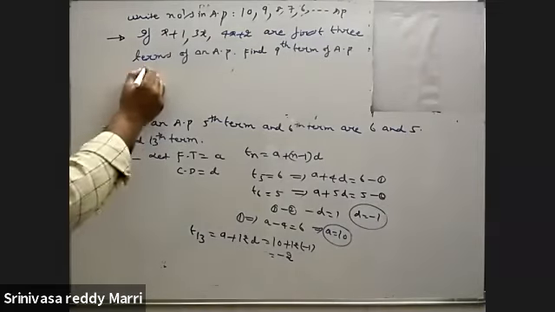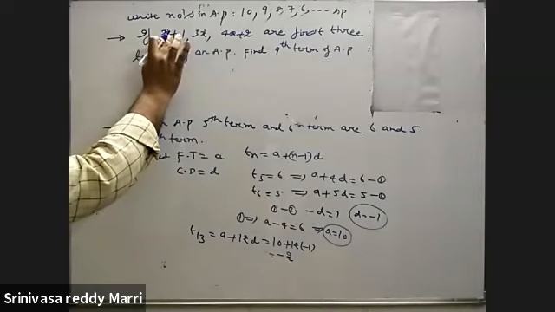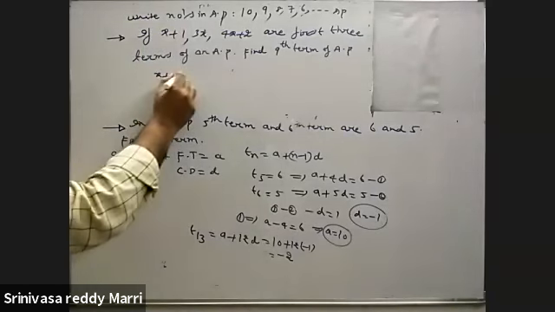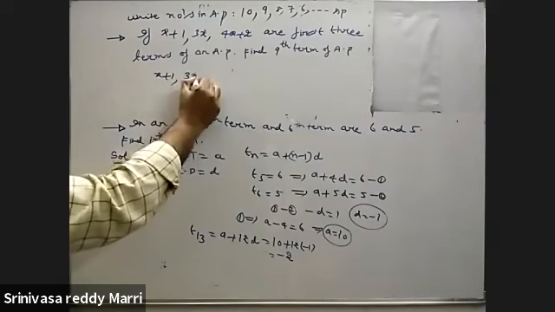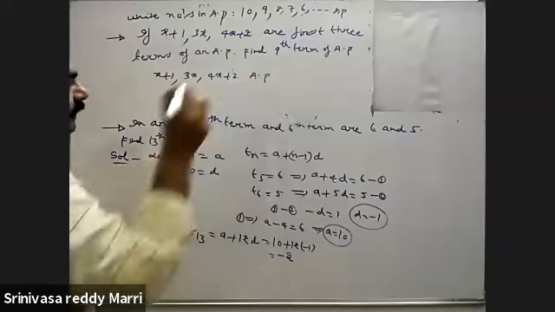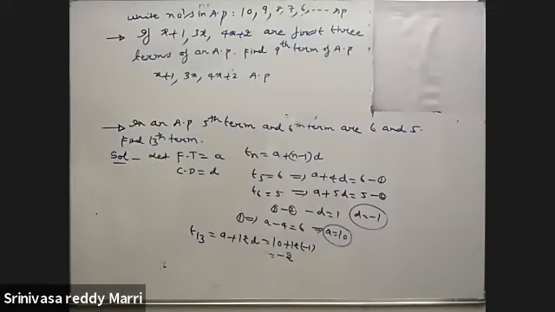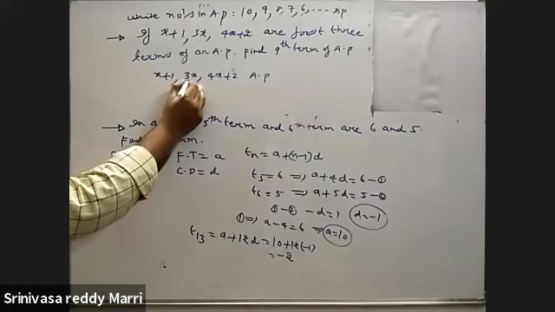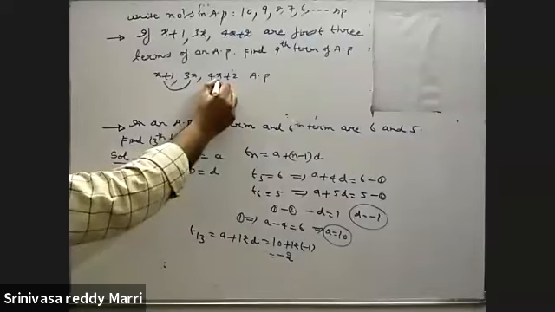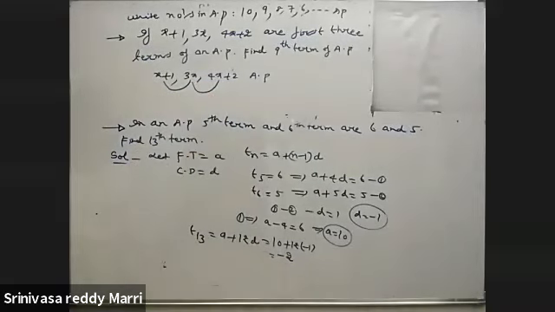Given that these are the first three terms, first term, second term, third term, these numbers will be in AP. As they are in AP, the difference between second and first equals the difference between third and second, by definition.